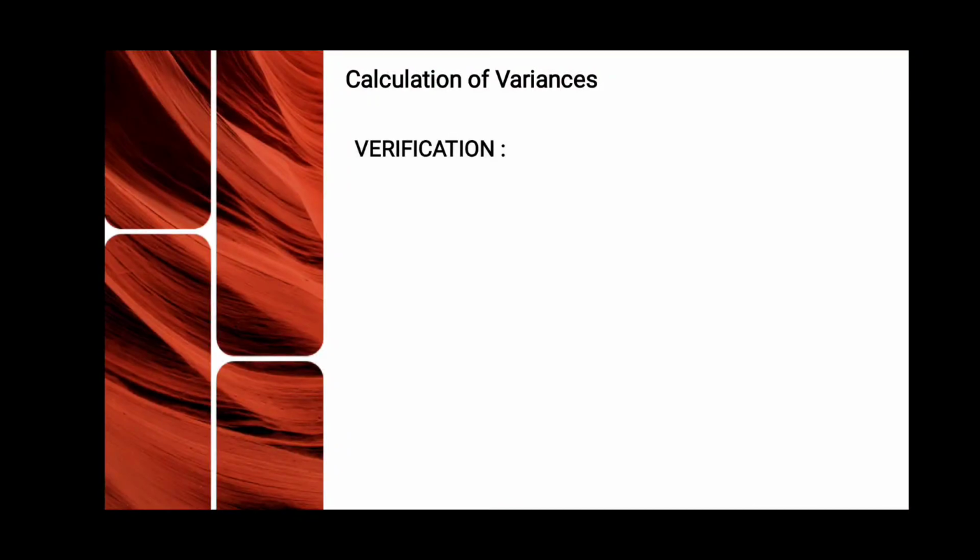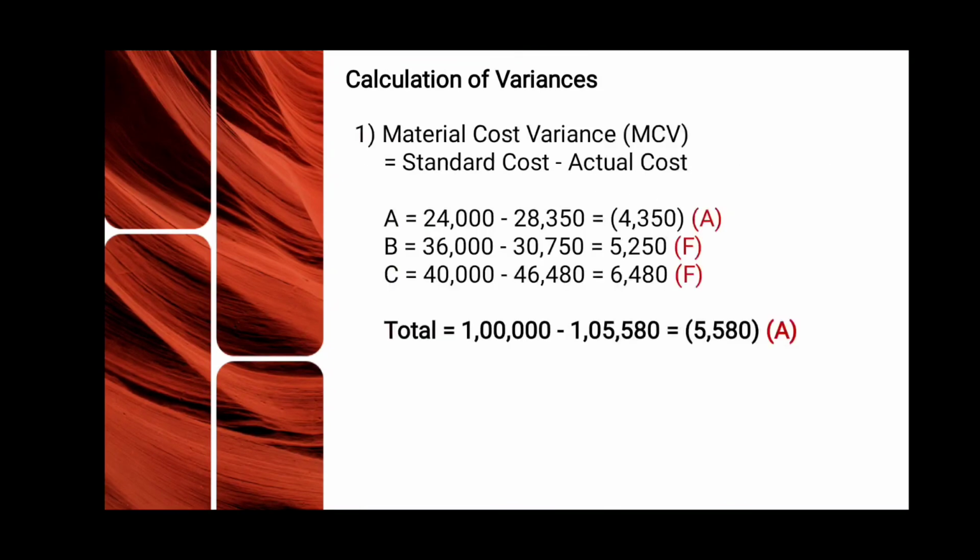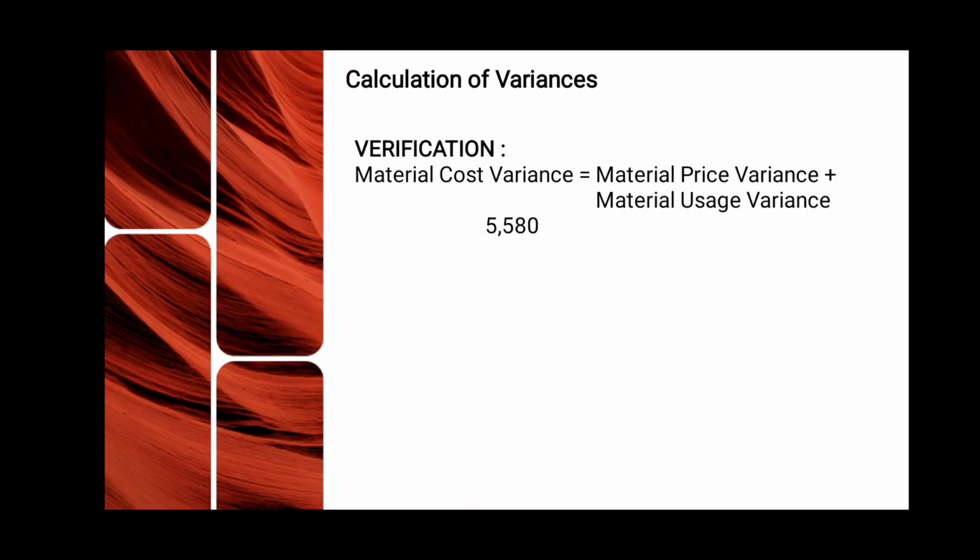Now let us verify material cost variance, which is equal to material price variance plus material usage variance. So material cost variance total amount is 5580, that is negative, which is adverse. So we'll record it 5580, which is equal to material price variance.